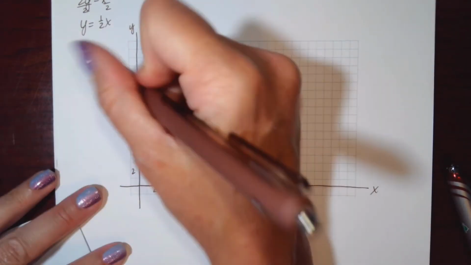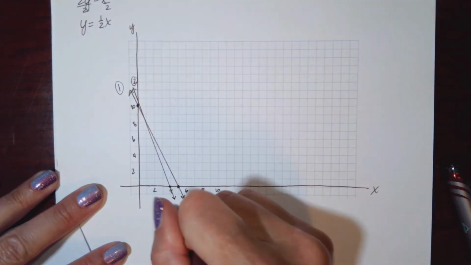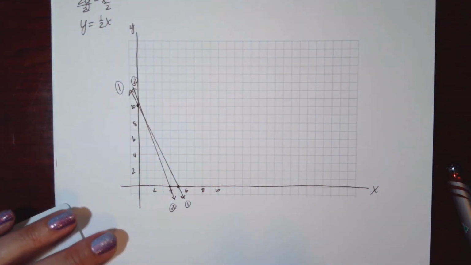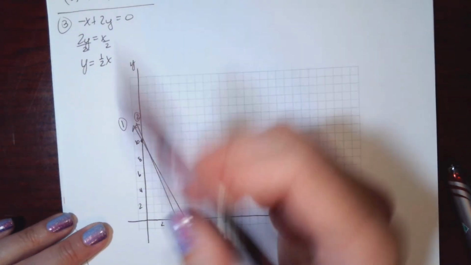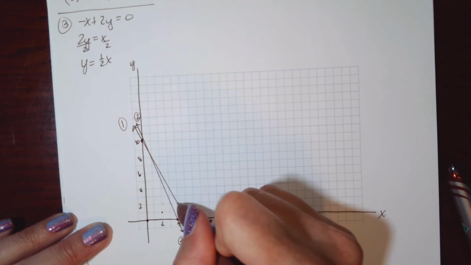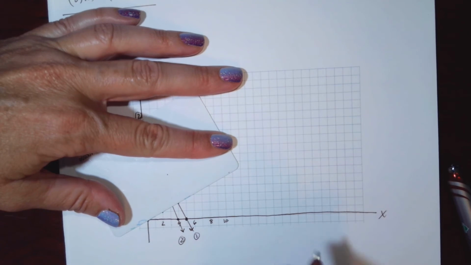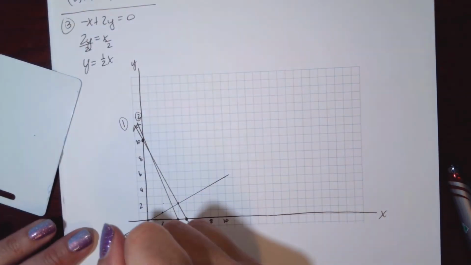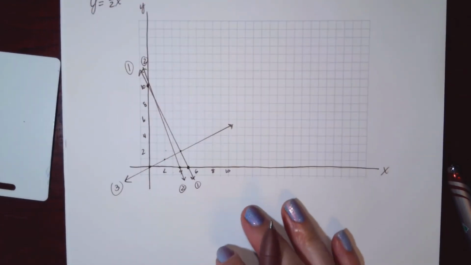Just a little bit different slope. So there's my second boundary line. That's 1, that's 2. My third boundary line goes to the origin and has a slope of 1/2. So it starts at the origin, goes up 1 over 2, up 1 over 2. That's my third boundary line.